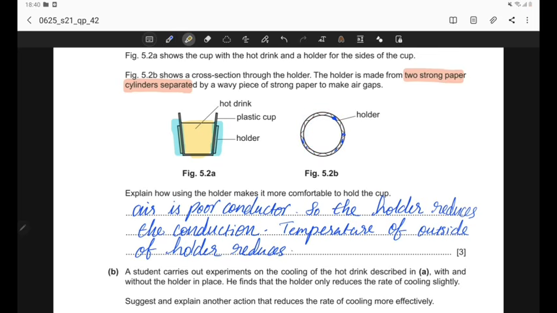Since it is a 3-mark question, these 3 points are enough. So even though there is hot drink inside the cup, these heat waves cannot pass through the cup holder, as the holder consists of a lot of gaps which are filled with air, as air is a good insulator or a bad conductor of heat.